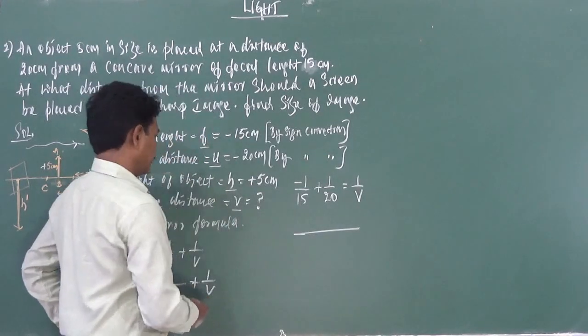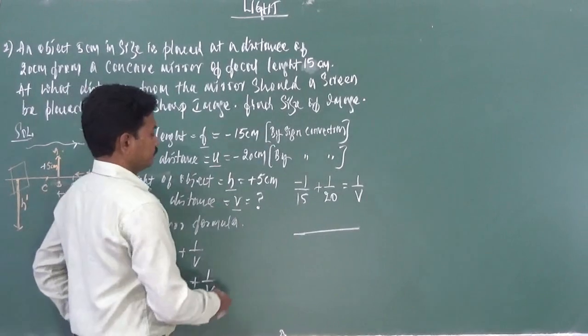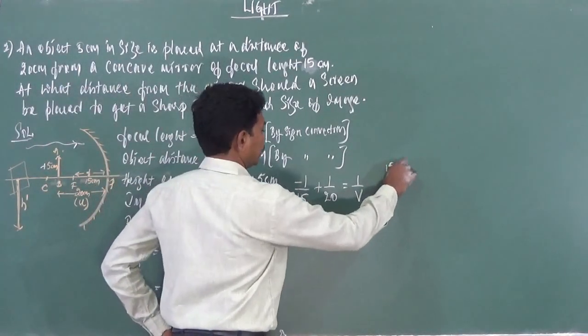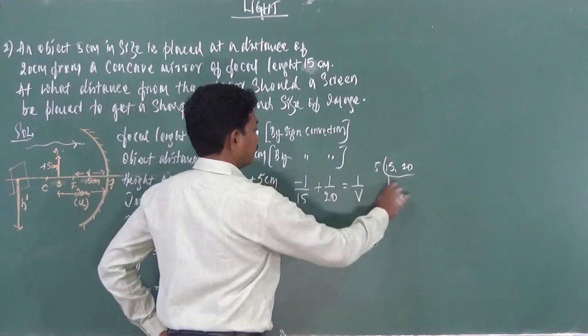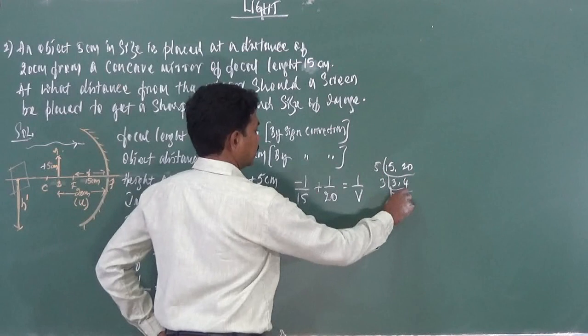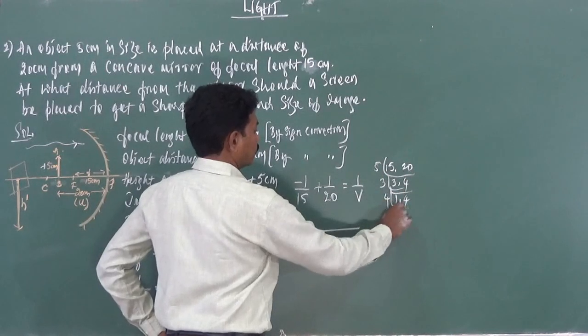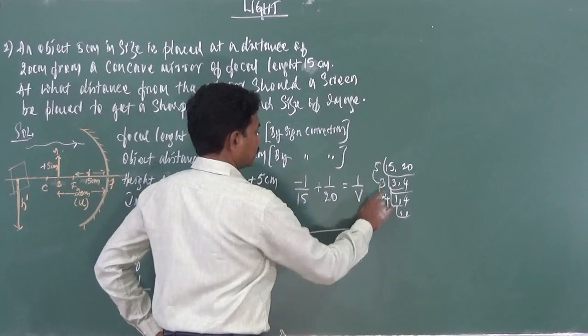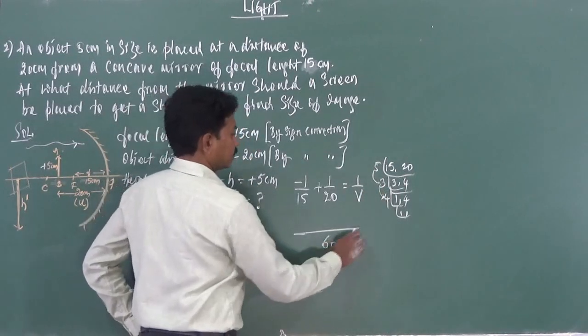Okay, you can also go with the cross multiplication. So 15 and 20 LCM, you can take out the LCM. So 5 3s are 15, 5 4s are 20, so 3 ones and 4 remains 4 ones. So 5 3s are 15. 15 4s are, that is 60. 60 is the LCM for this.